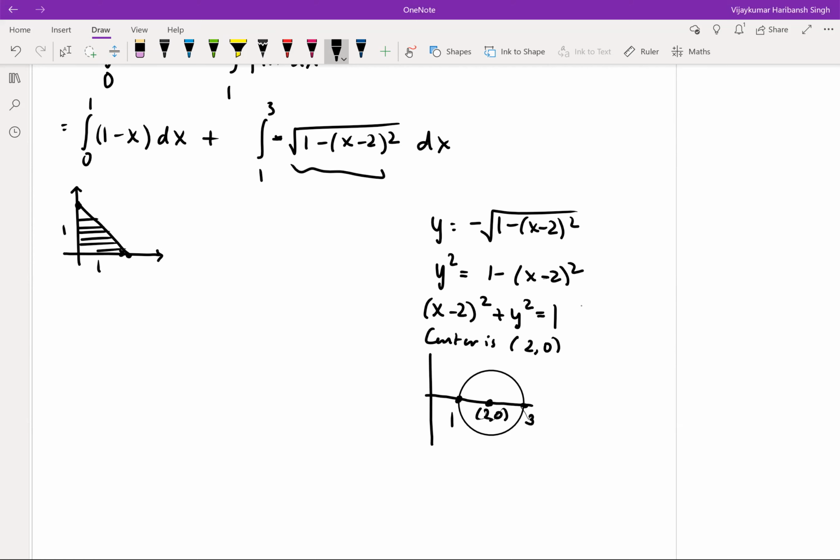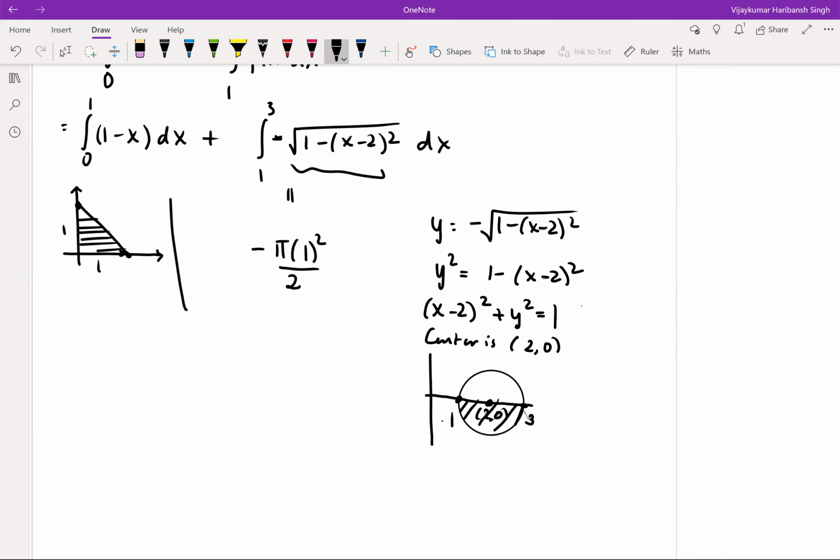And since you have the minus sign, you're looking at the bottom part of the curve. And you're looking from 1 to 3. So you're looking at this area. So this is going to be what? Area of the bottom half of the circle of radius 1. So this is going to be minus pi times 1 square divided by 2.